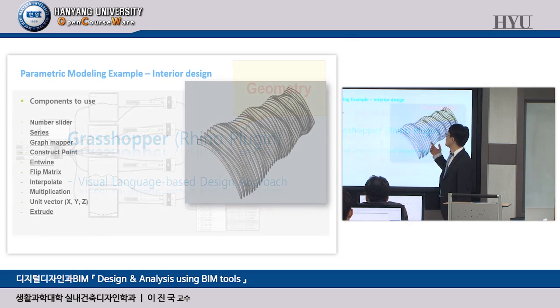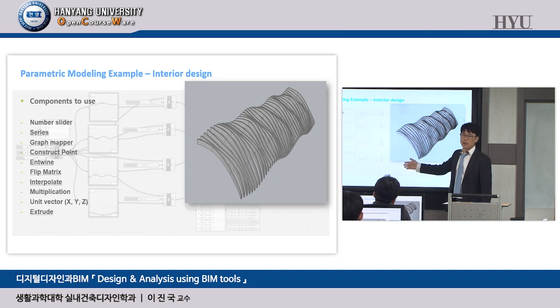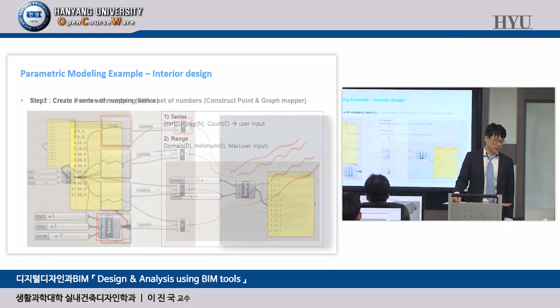For example, we can use the Dynamo case for making this one. What do you need? Defining one single curve line and a sequence of XYZ points in several split points and their variations, okay, using a random algorithm or something else. And then you can get this kind of changed geometry.